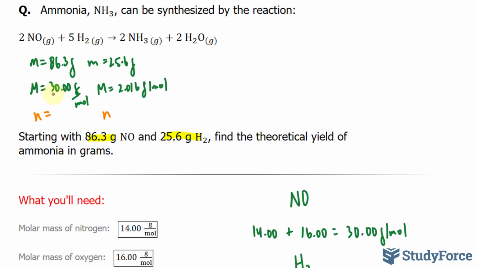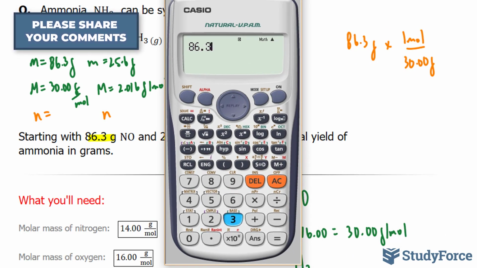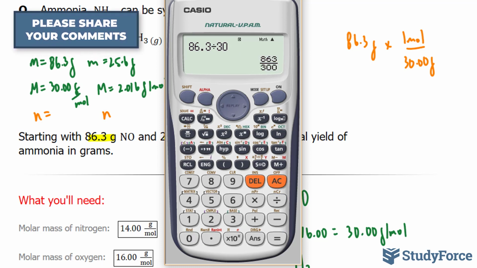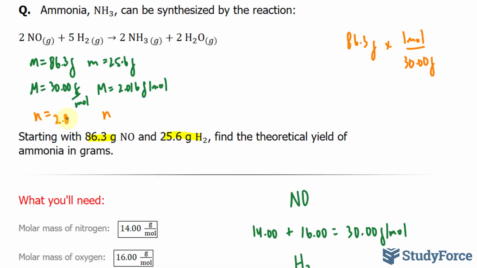So starting with this number, we have 86.3 grams times 1 mole at the top, and at the bottom we'll have 30.00 grams. I'll use my calculator. 86.3 divided by 30 gives us 2.876 moles.